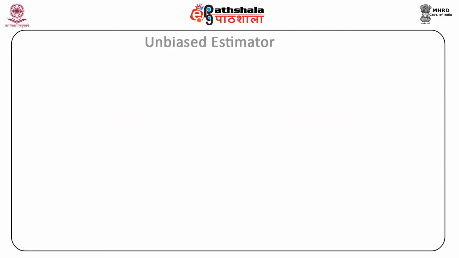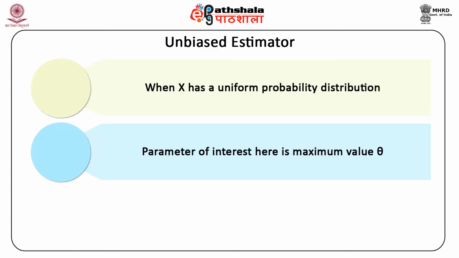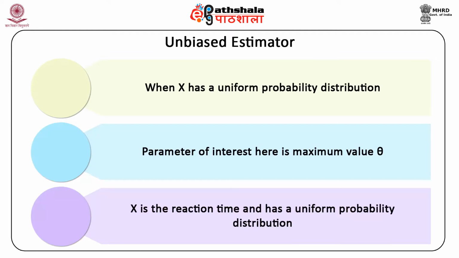The second example is when X has a uniform probability distribution from 0 to an unknown maximum value theta, so that the parameter of interest here is the maximum value theta. For example, X is a reaction time to a certain stimulus and has a uniform probability distribution.